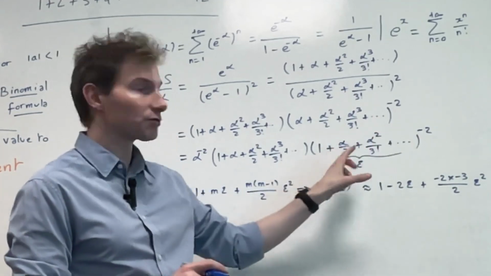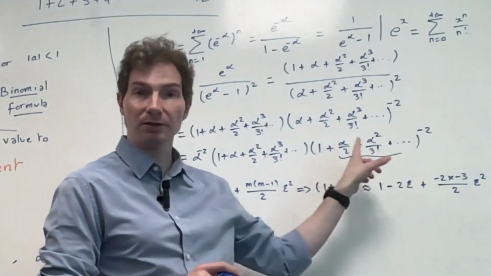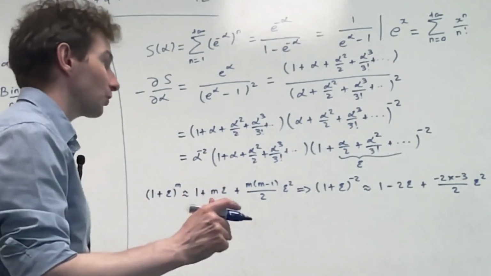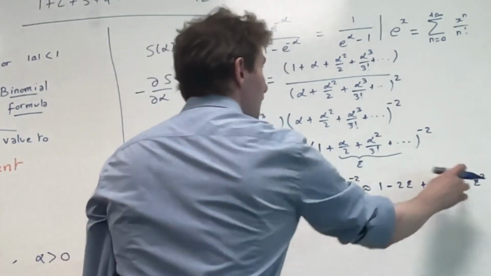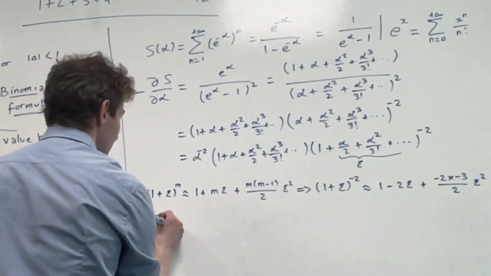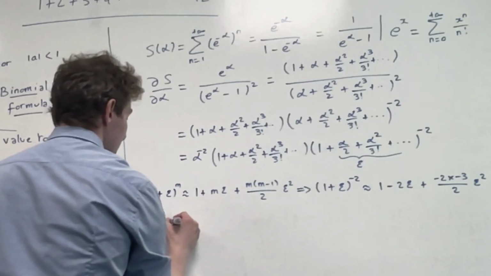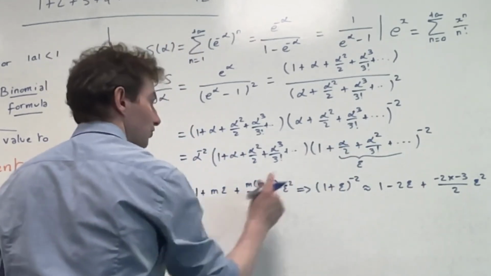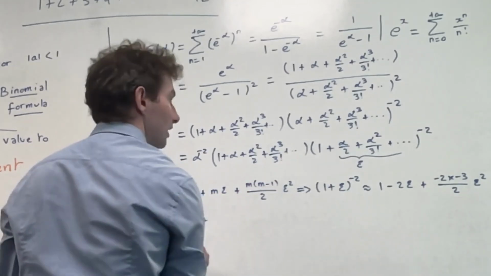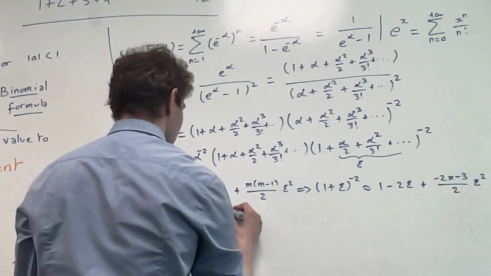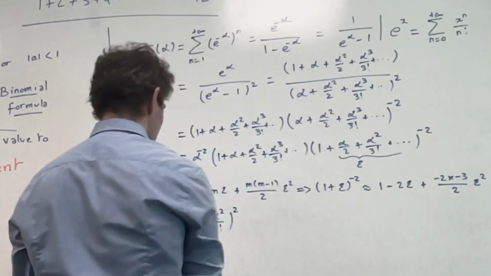Now I'm going to try to get a simplification of that expression. First I need to evaluate epsilon squared. So remember I said epsilon squared is equal to alpha over 2 plus alpha squared over 3 factorial, squared.